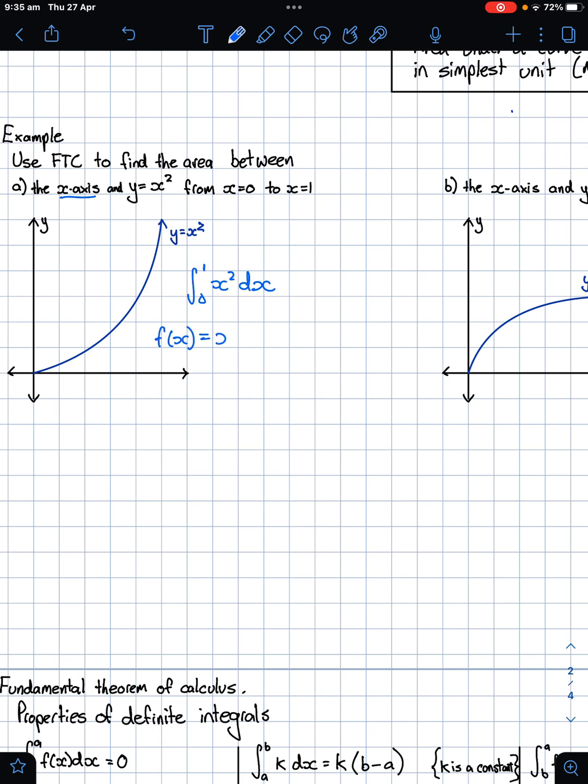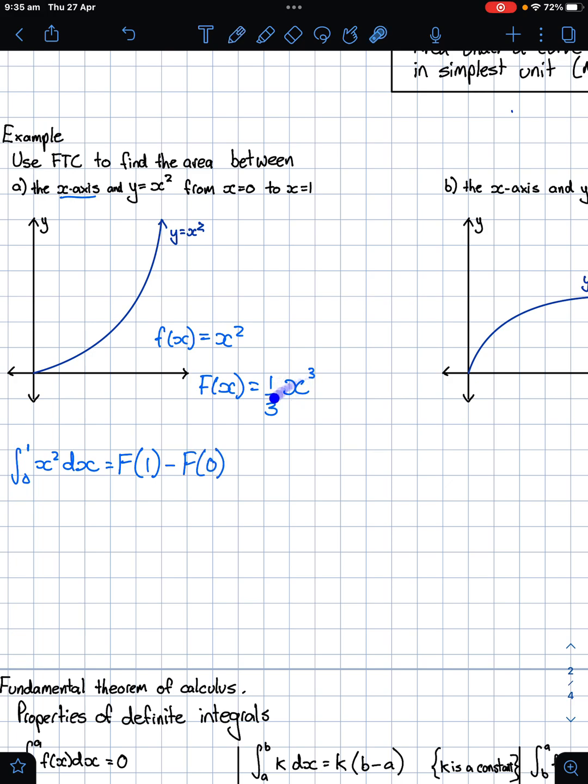So if f of x equals x squared, then the antiderivative of this, which we've talked about, has to have a derivative of x squared, which means we're looking at x cubed, and it has to have a third there. Now that means the integral of this is going to equal the antiderivative of the upper bound minus the antiderivative of the lower bound.